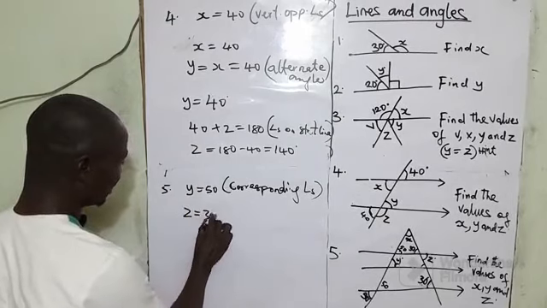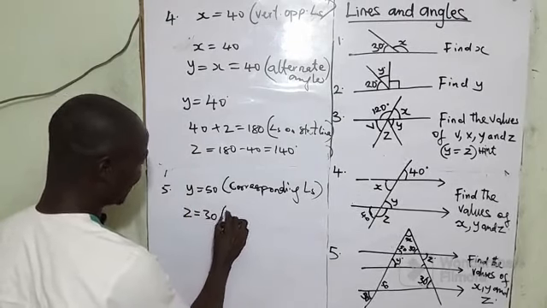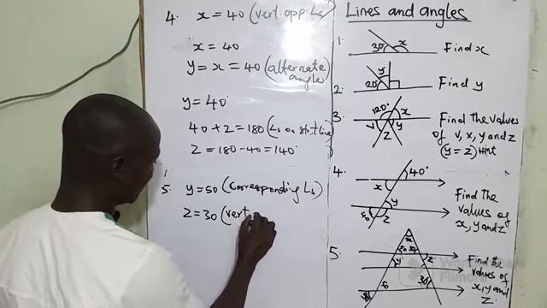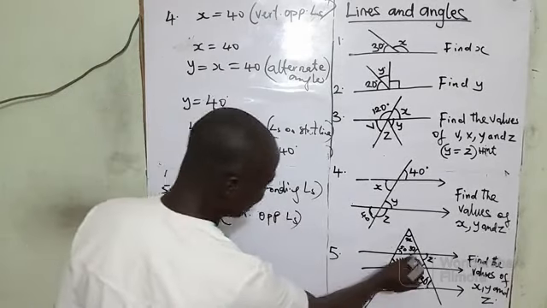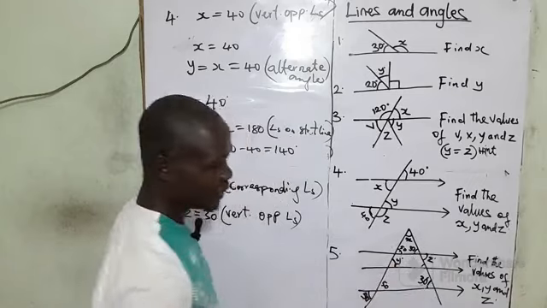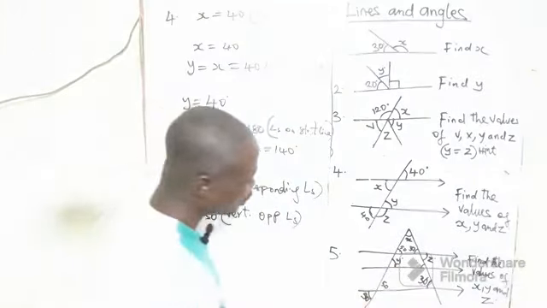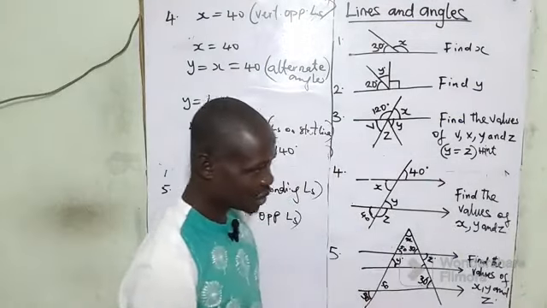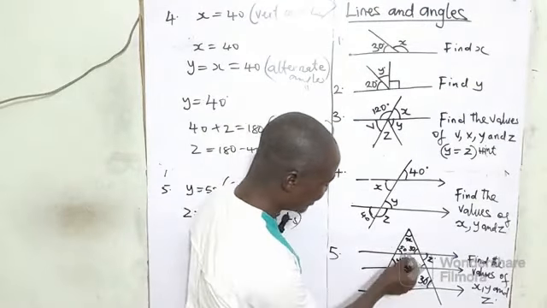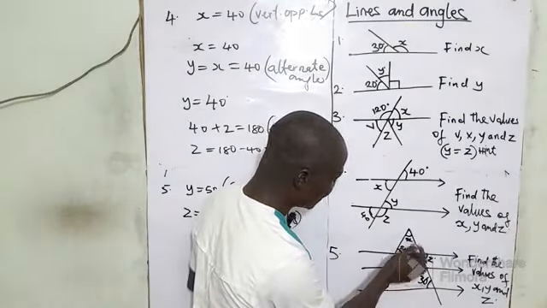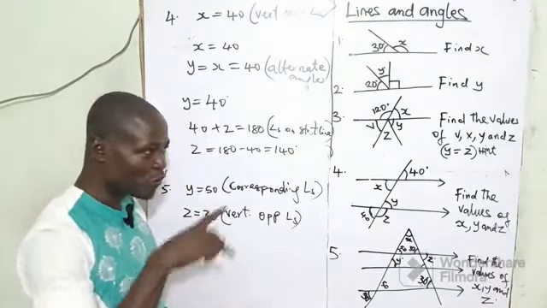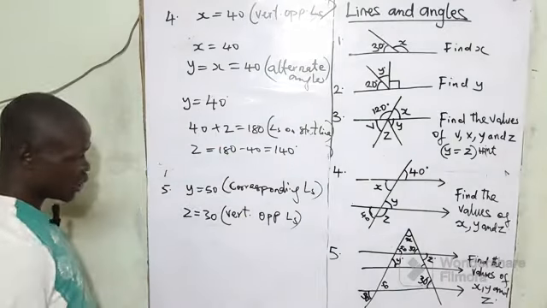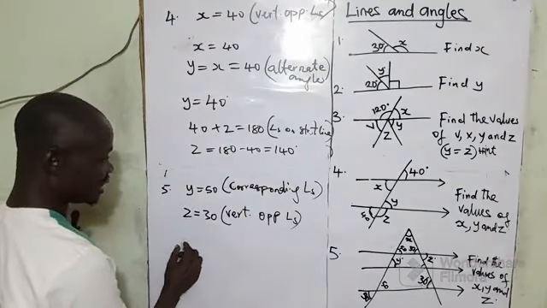So how then do we solve for x? We can see that this is now 50, this is 30, and x. So this is a triangle, and the sum of angles in a triangle is 180 degrees. So x plus 50 plus 30 is equal to 180 degrees, the reason being the sum of angles in a triangle.